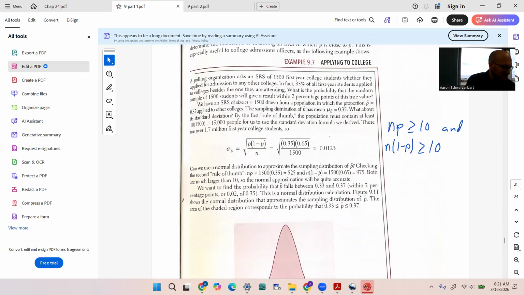So the sampling distribution is all the possible samples that could exist.